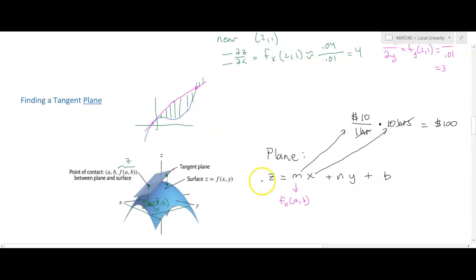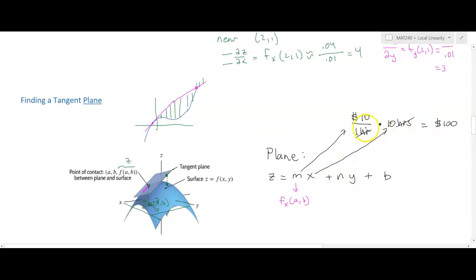And how do we think about that in this graph? Well, that's going to be our estimate of, at that point, if we were to change x by 1 unit, how much would z change by? So that's going to be going in this direction. We want to know what's the slope of that little vector right there.